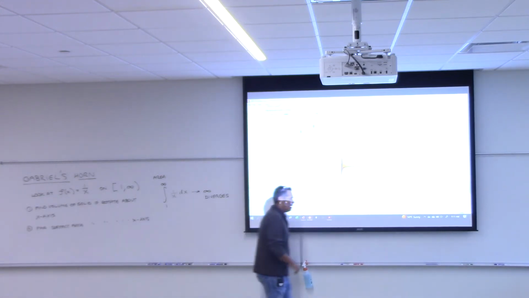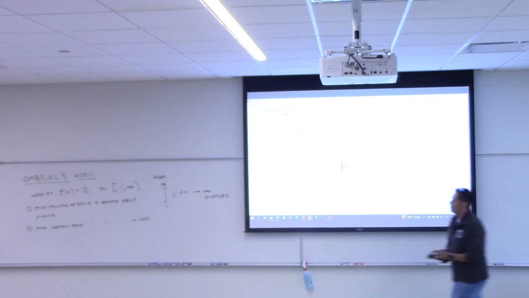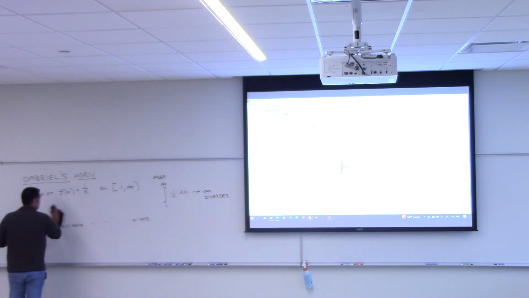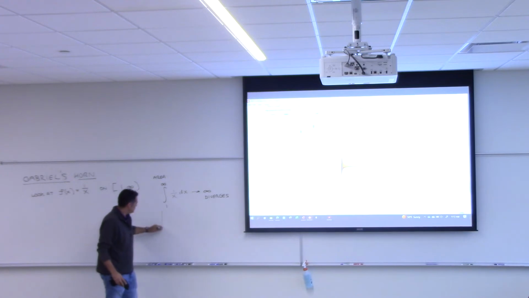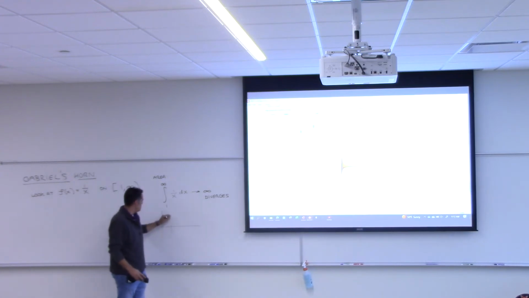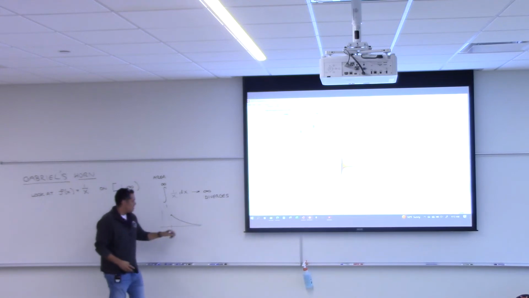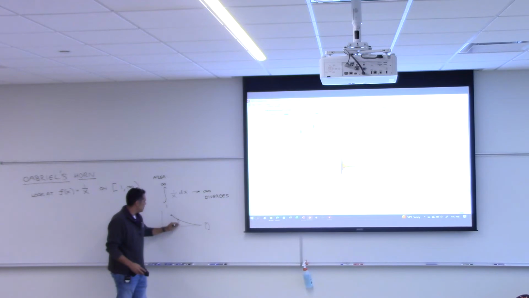Start with the volume. How do we do volume? We'll do washers, because we're going to be taking this region from 1 down and wrapping it around the x-axis. So our rectangles will look like this.